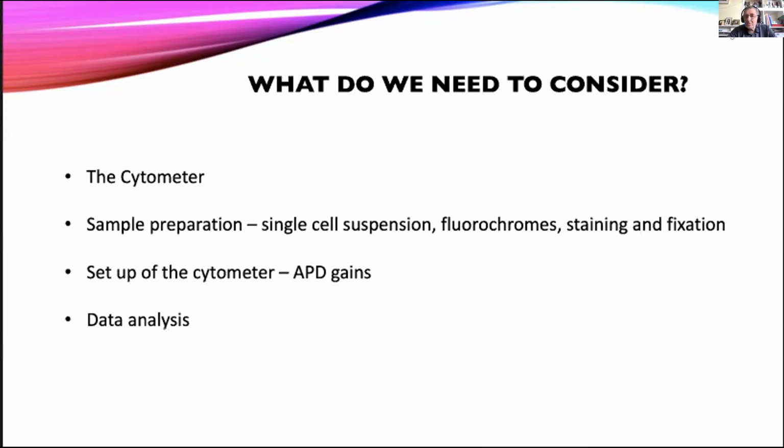So, what do we need to consider for any flow cytometry experiment? Well, we're always going to have those two main weapons that we have in our armory, the cytometer and the fluorescent reagents that we're going to use. And in fact, the cytometer is quite often the rate limiting step. If you're lucky enough to work in a large core facility or have access to a large core facility, you're likely to have a whole range of cytometers.